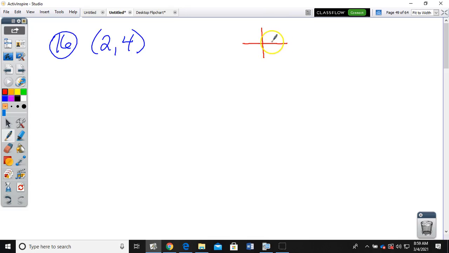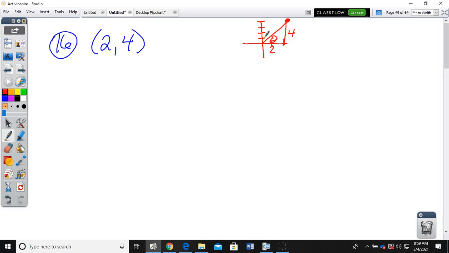So I go right 2, up 1, 2, 3, 4. Make me a dot. There's my angle. And I can make a what out of that angle? A triangle. And I got 2, and I got 4, and now I can do it SOHCAHTOA way if I want to. That's not how these are meant to be done, though.